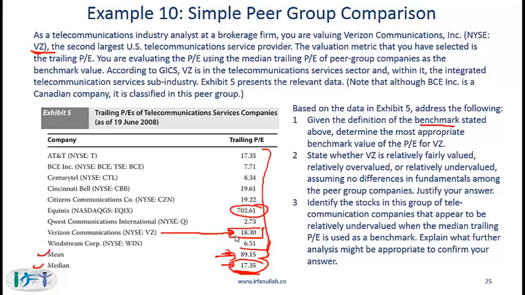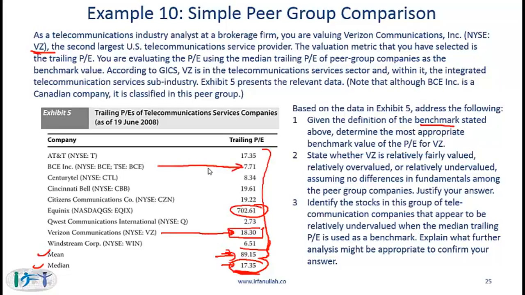It is overvalued, because these numbers are based on the actual stock price. So the actual stock price over earnings, that ratio is relatively high for Verizon. So all else equal, it appears to be overvalued. Again, all else equal, just looking at these numbers, which stocks appear to be most attractive?